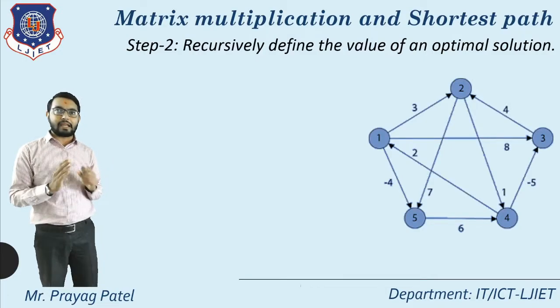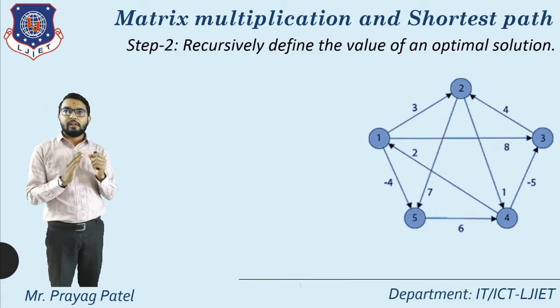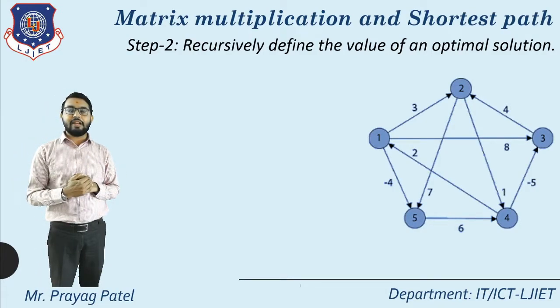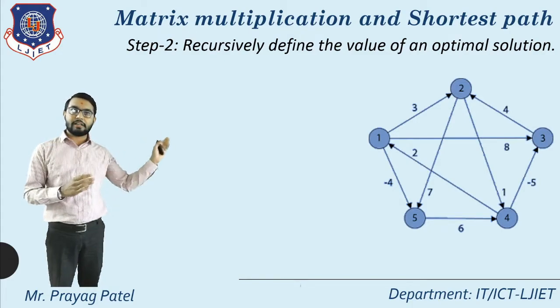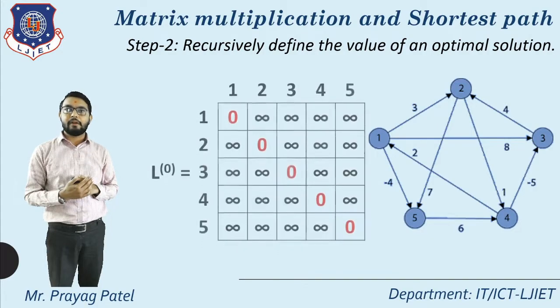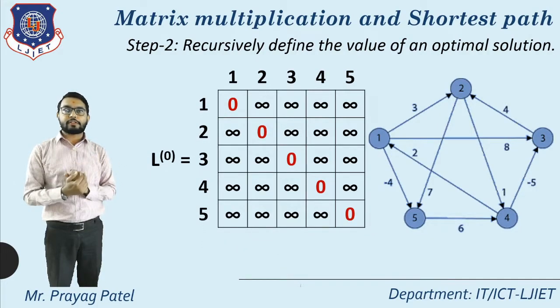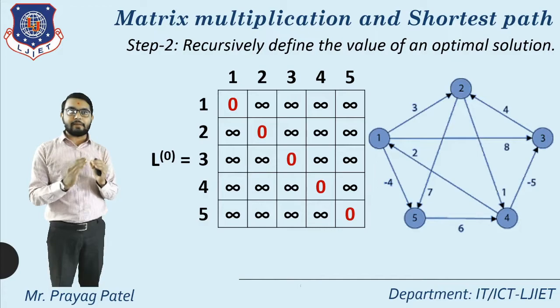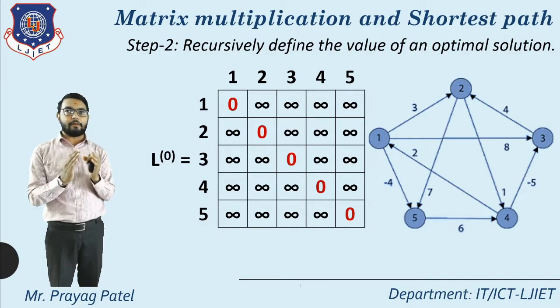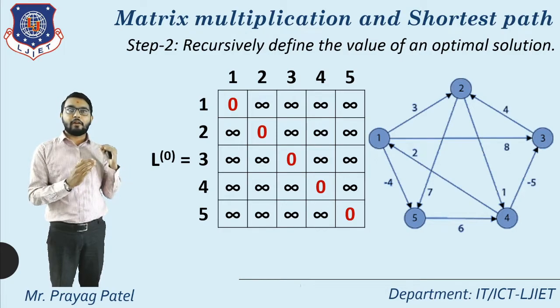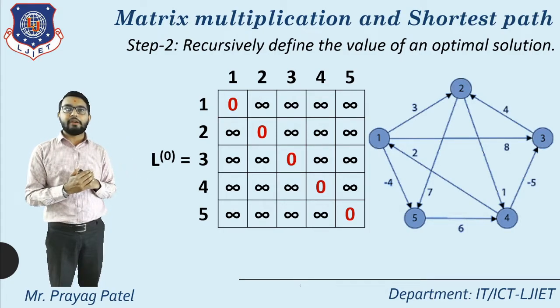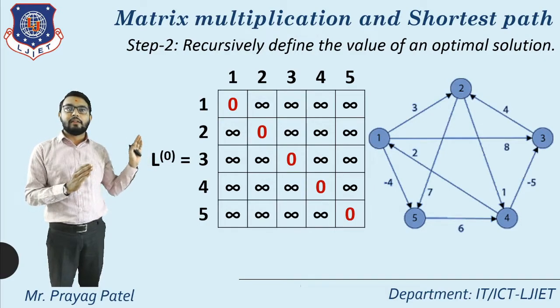Now consider the second step of the example. Step number 2 is to recursively define the value of an optimal solution. So here consider this figure as the given graph. Now according to the first and second formulas, the initial conditions L of i j m equal to 0 and L of i j m equal to infinity, here represent the table like this.